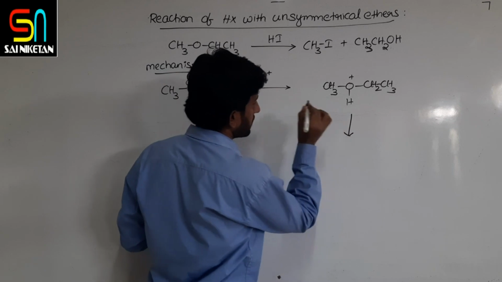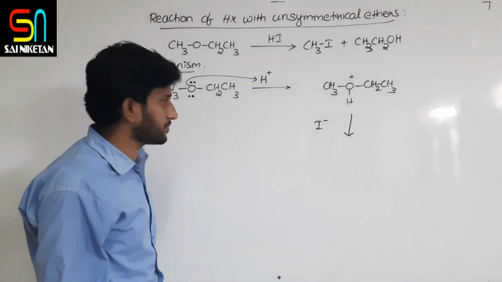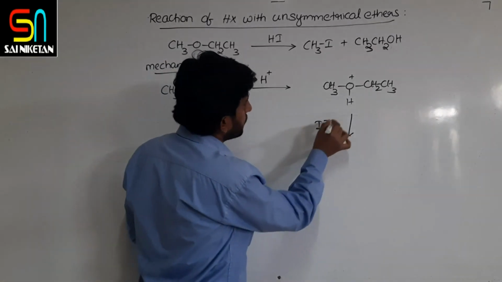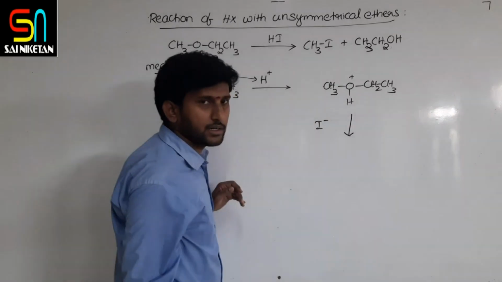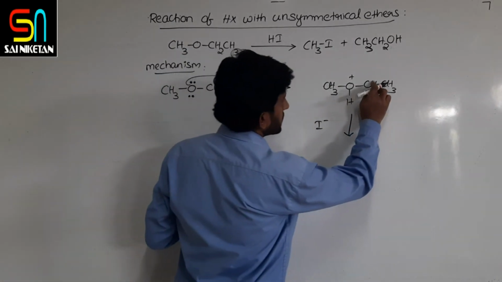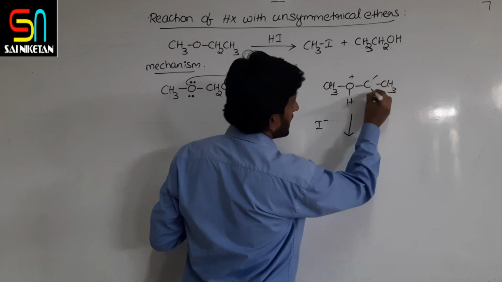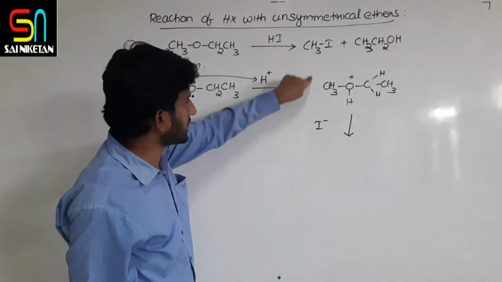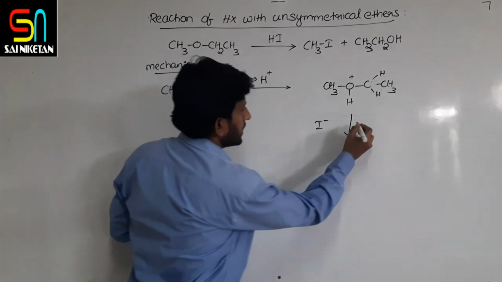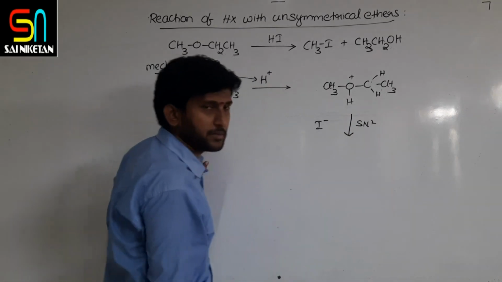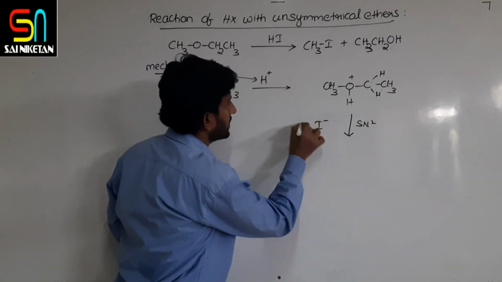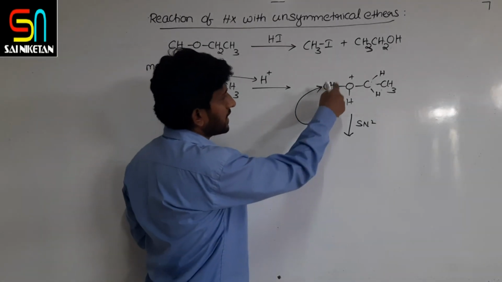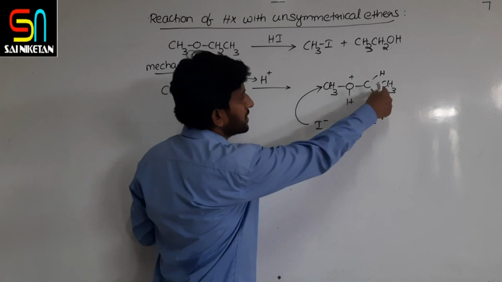Now the iodide ion is available, and this iodide ion acts as a nucleophile. Now you think, on which carbon can iodide attack easily. If you think about this carbon, there are two hydrogens and one methyl group. If you think about this carbon, there are 3 hydrogens. So if it is an SN2 mechanism, iodide would prefer to attack this carbon, right? Because here there are 3 hydrogens, smaller groups; here one methyl big group is there.